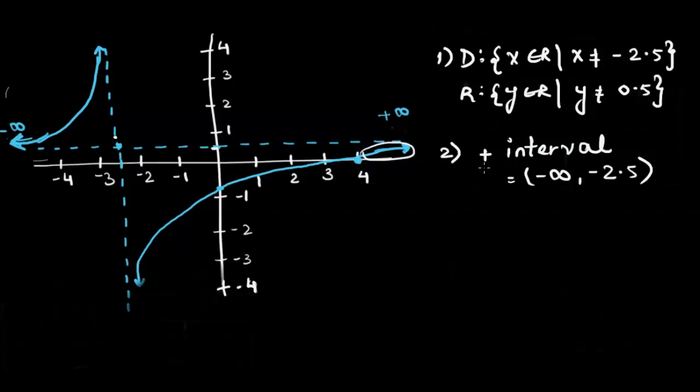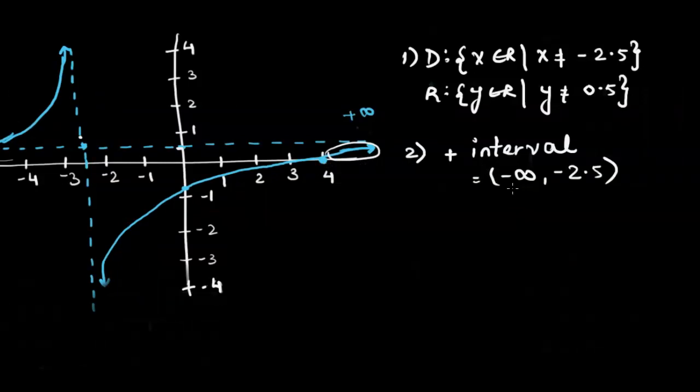So there'll be two positive intervals in this case. One is negative infinity to negative 2.5, up till here, and then after that 4 to positive infinity. So we would put 4 to positive infinity. When it comes to the negative interval, the graph is below the x-axis from negative 2.5 to 4.